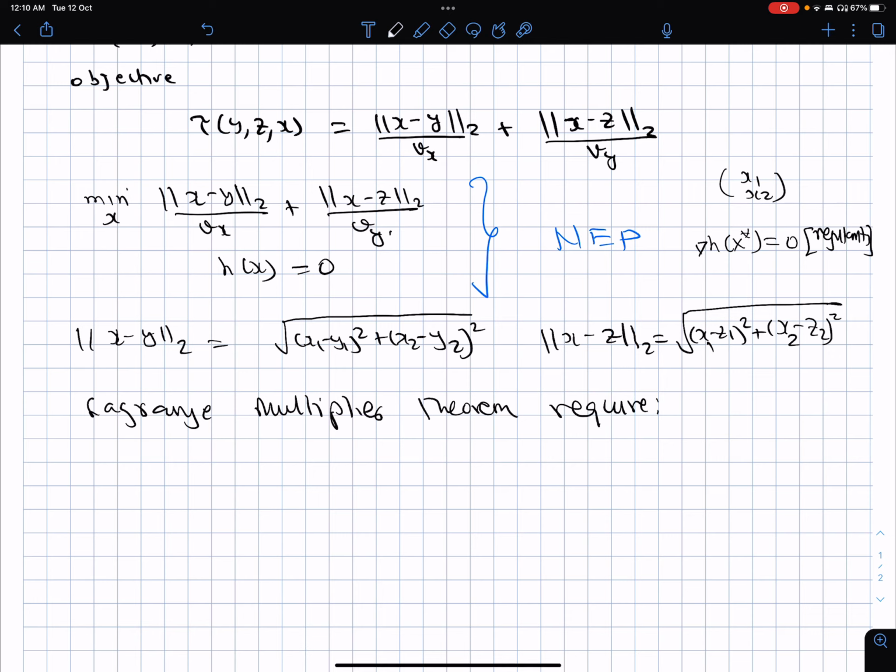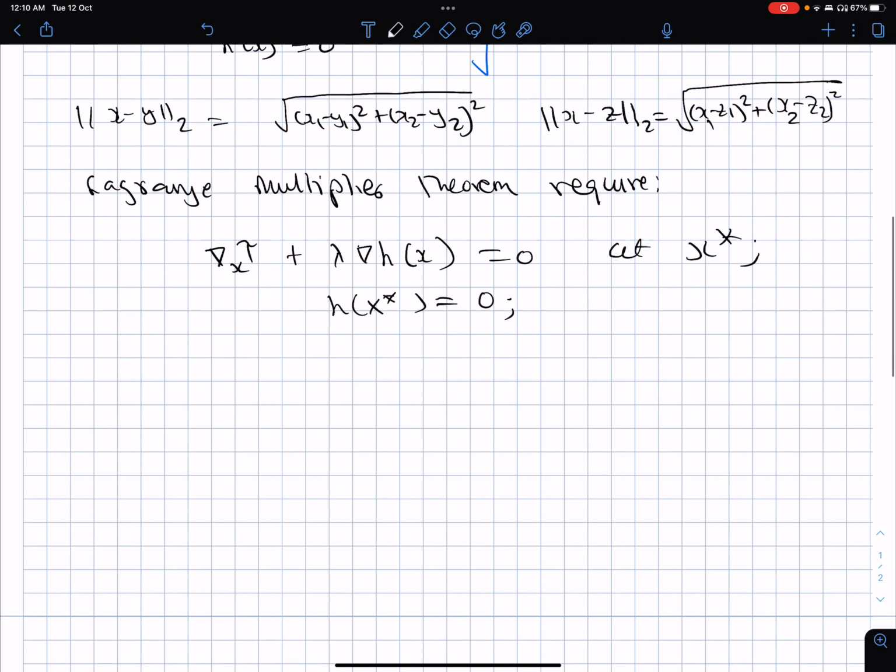It requires that the gradient of your function tau, the time taken, with respect to x, plus there is only one constant, so I'll use lambda, times the gradient of h(x), should be 0 at x star, and h(x star) should be equal to 0.